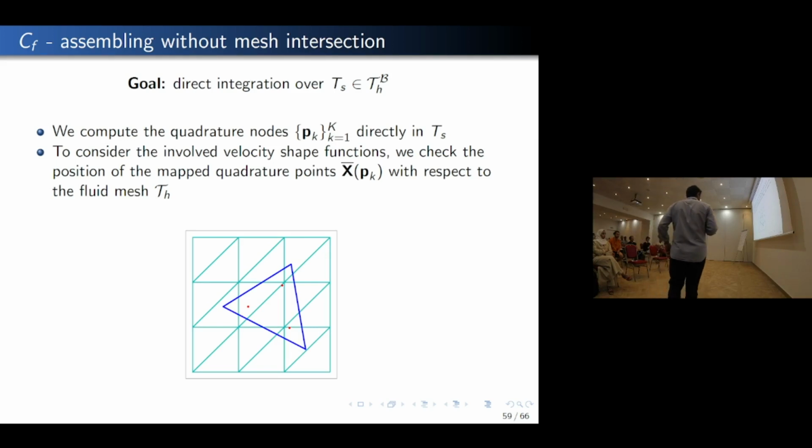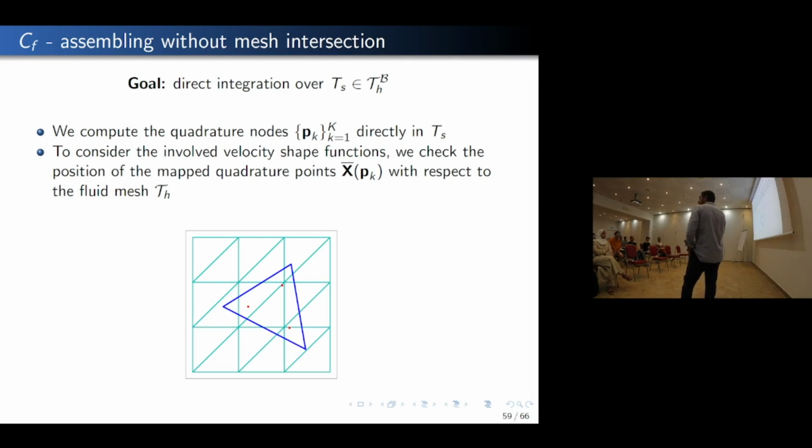So if we have to integrate over Ts with this Gaussian quadrature rule with three nodes, to understand which velocity functions we need, we check: this point is in this triangle, so we use this shape function, etc.